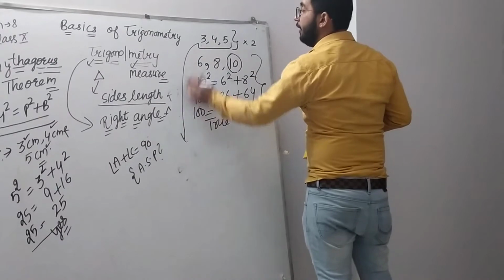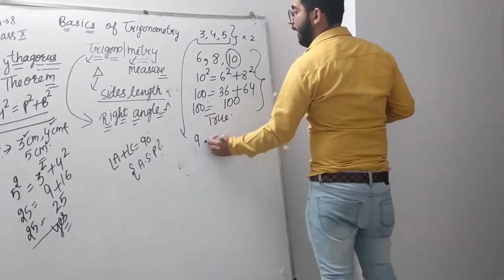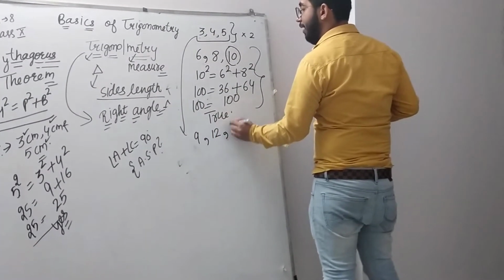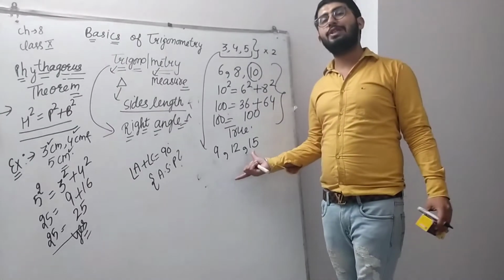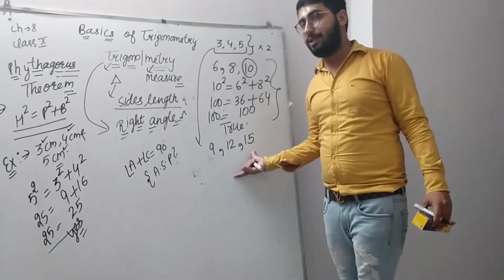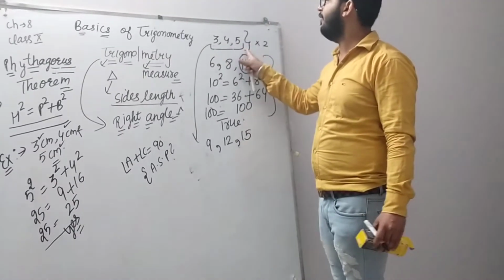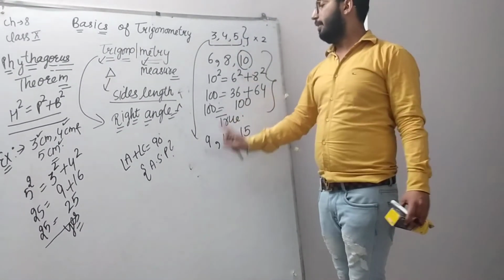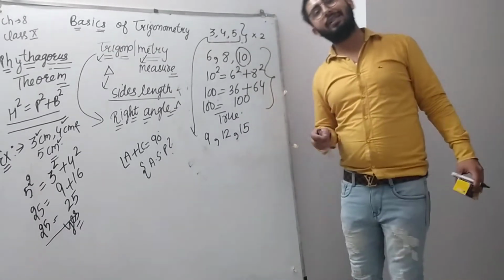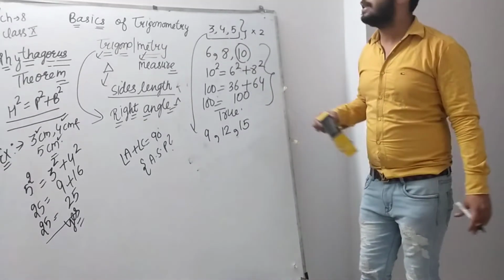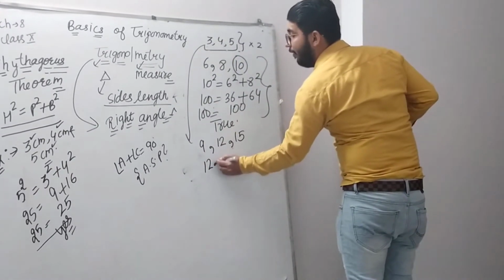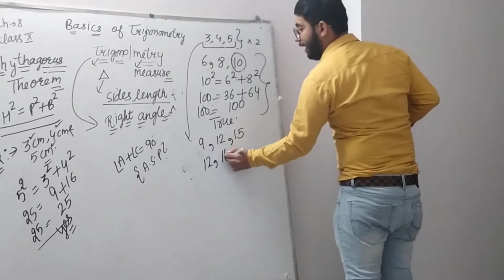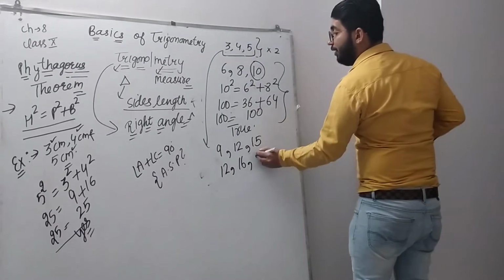Now multiply it by 3. 3 3s are 9, 4 3s are 12, 5 3s are 15. This is a new Pythagorean triplet which will satisfy the Pythagoras theorem. Therefore 3, 4, 5, 6, 8, 10 and 9, 12, 15 are Pythagorean triplets. Now multiply this by 4. 3 4s are 12, 4 4s are 16, 5 4s are 20.